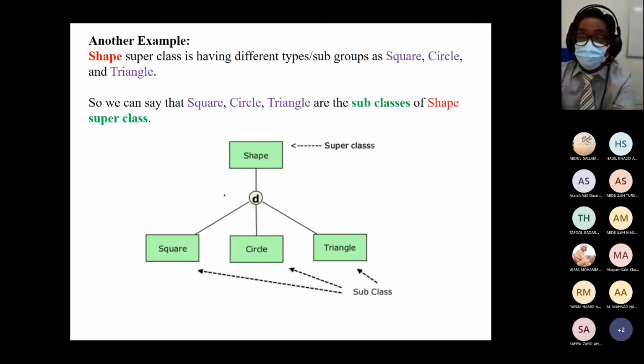Suppose we're talking about shapes. Shape is considered to be your generic entity here. But knowing that shape has different types, it could be circle, square, triangle, rhombus, pentagon, and so many more, right? We only have given three there. So shape is considered the superclass, right?